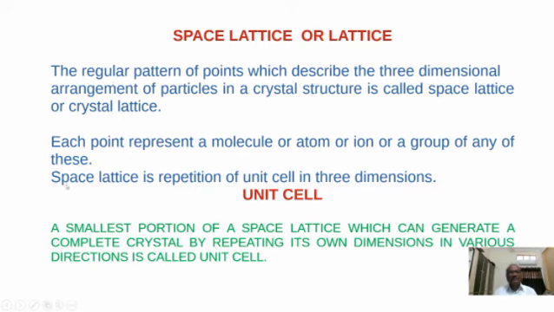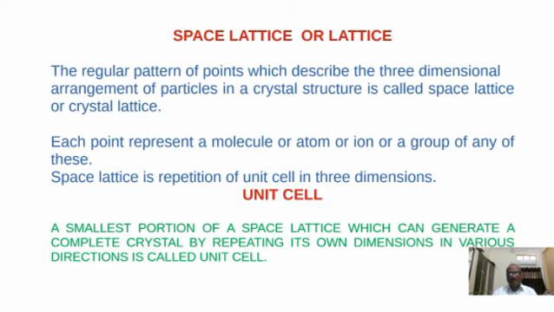So unit cell means the smallest portion of the space lattice which can generate a complete crystal by repeating its own dimensions in various directions. It is one of the three-dimensional basic units present in the space lattice. Repeated arrangement of this basic unit in three-dimensional fashion gives us the space lattice.